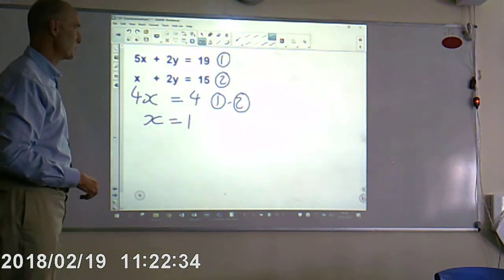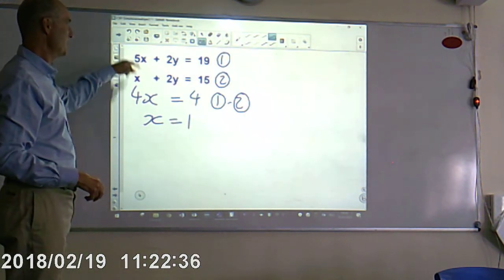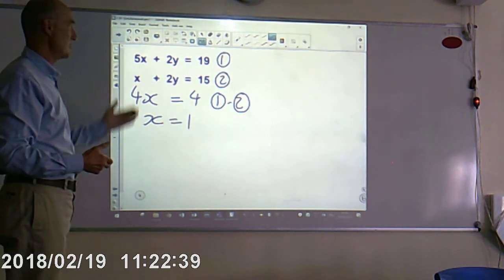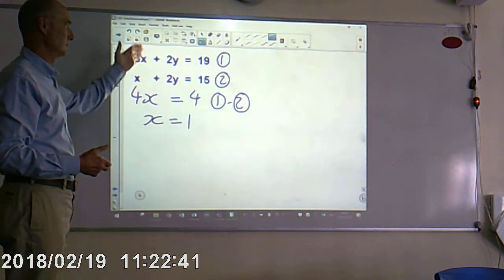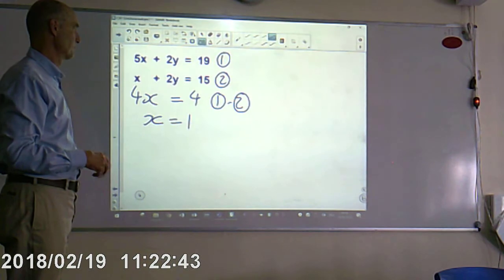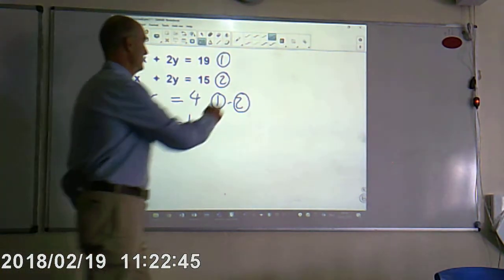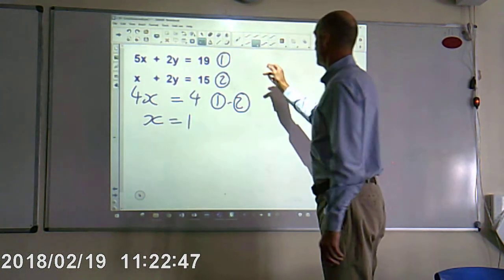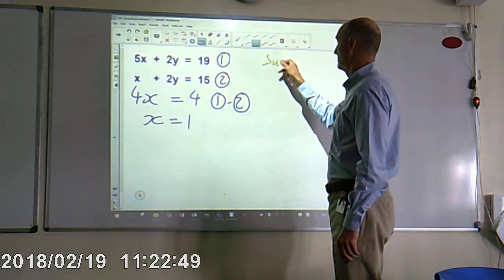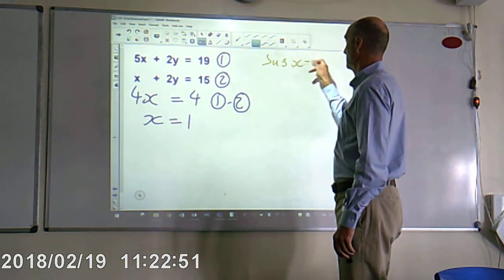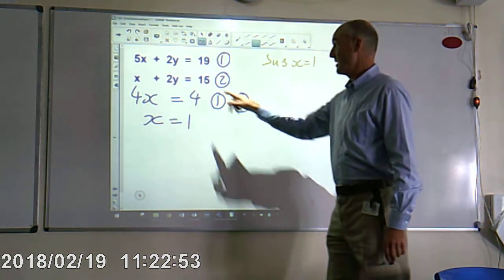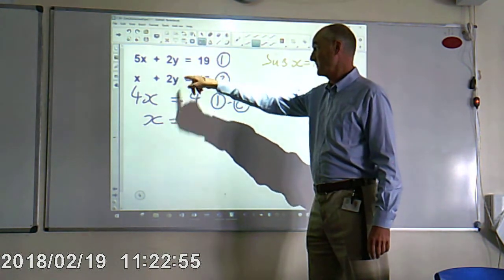Got one of our variables, haven't we? So these two equations, we don't have to add them together, they could be subtracted. Okay? X equals 1. Substitute my x equals 1. Let's substitute it into here, into equation 2.